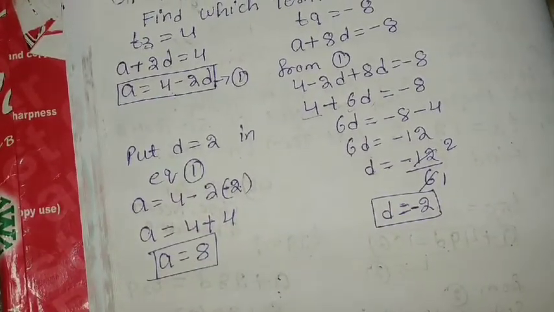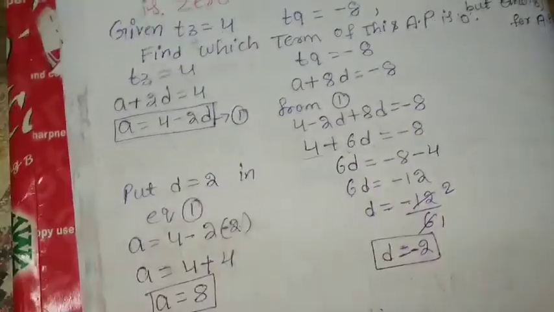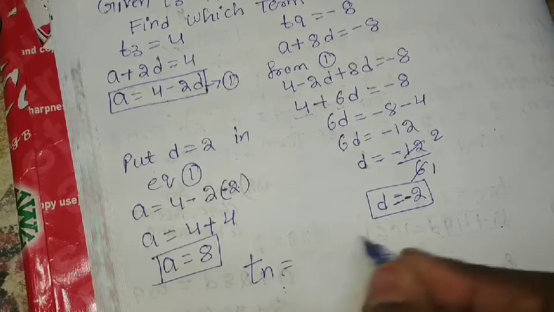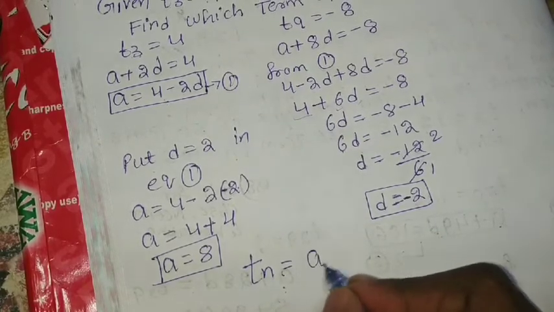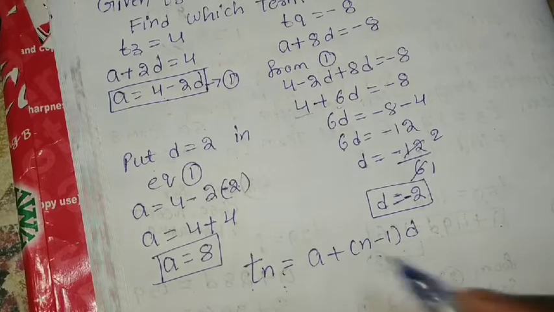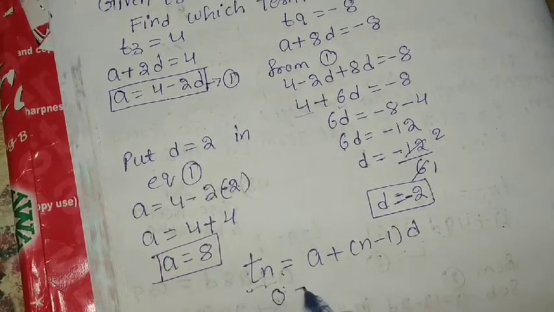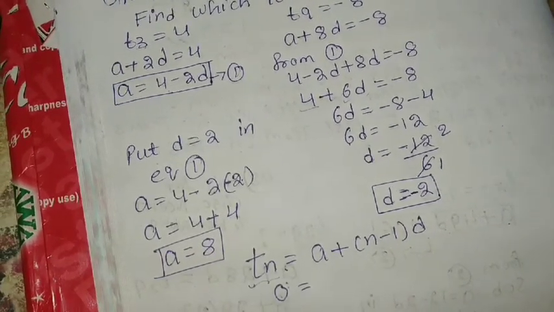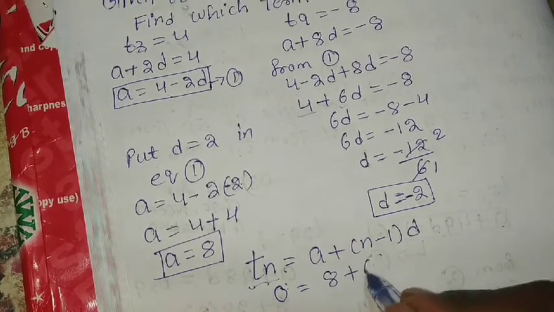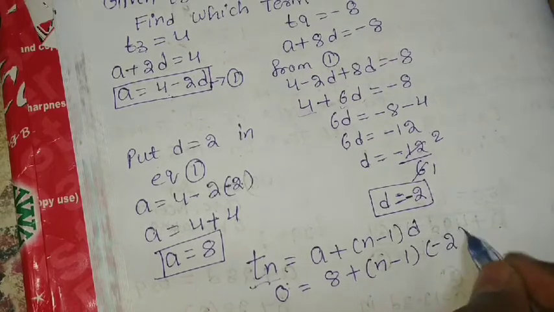So let's start. Which term of this arithmetic progression is 0? So we need to find term n. What is the formula of the nth term? A plus n minus 1 into d. Let's think this term n will be 0. Just assume that the nth term is 0. Then what is A here? 8 plus n minus 1 into d, that is minus 2.